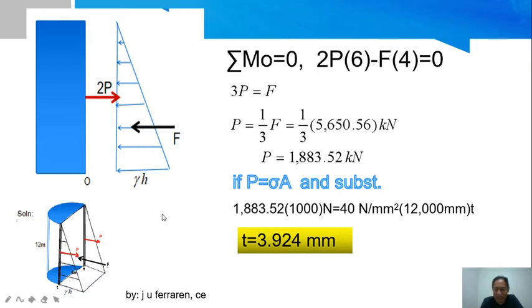But this value of t is not based on the formula we are using, because in our formula, the assumption is a uniform pressure distribution. So that answer, 11 point something, is the one which will be used. But if you will be a designer, then you can have the option of using a thickness which is even lesser than that one, and you can prove that this answer is still safe for your cylinder.